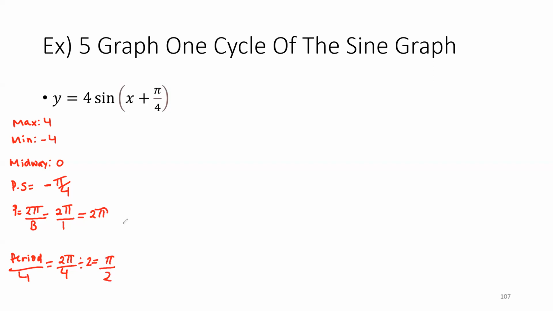And then because we have a phase shift, the last point is the phase shift plus the period. So the phase shift is negative pi over 4, and then the period is 2 pi. 8 pi minus 1 pi is 7 pi over 4.